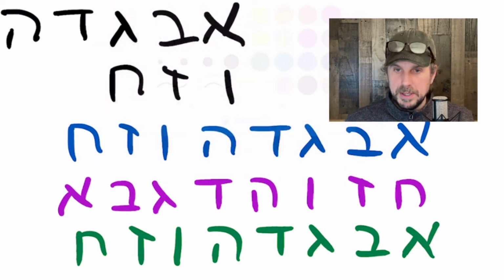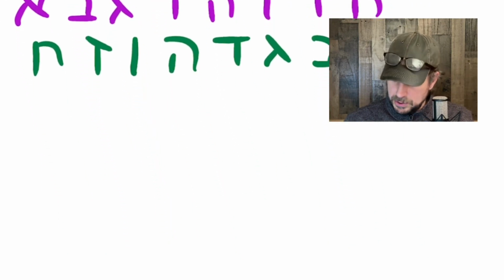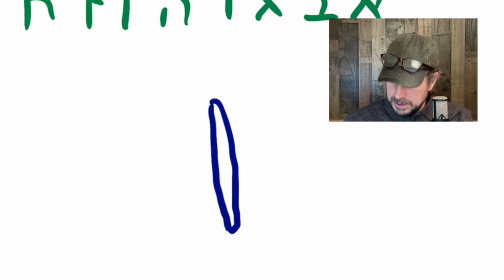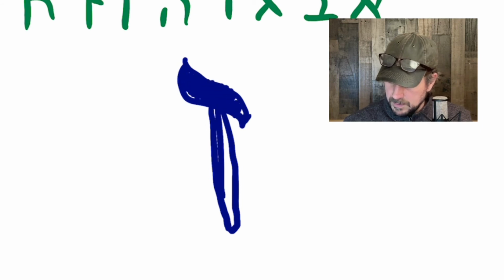But for today, we can do one last bit here. Let's just do a giant Zayin. So I would do something like this, a vertical line with a nice big top on it, like that. And you can color it in. Making art with your letters is a good way to learn them and to just take your time.